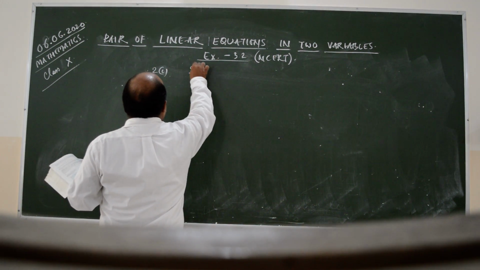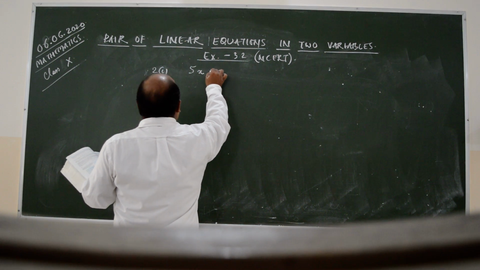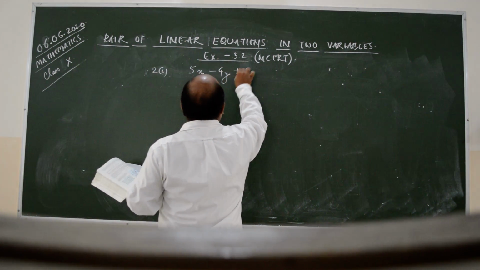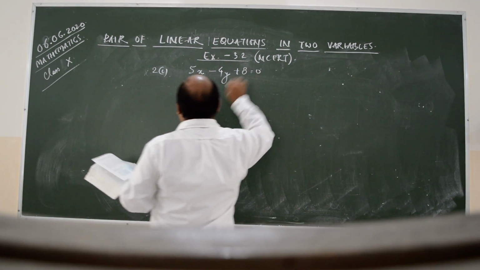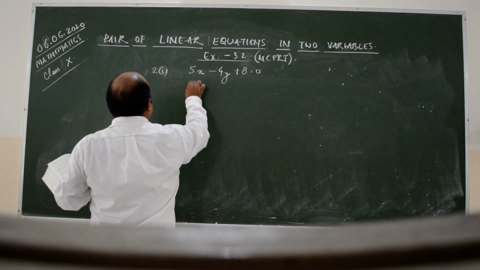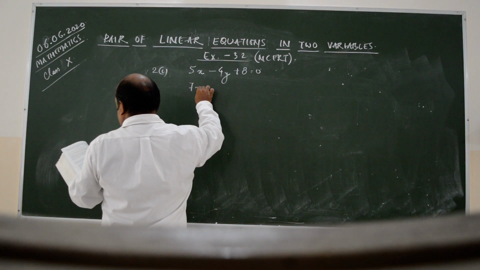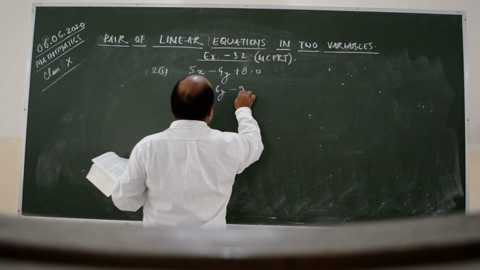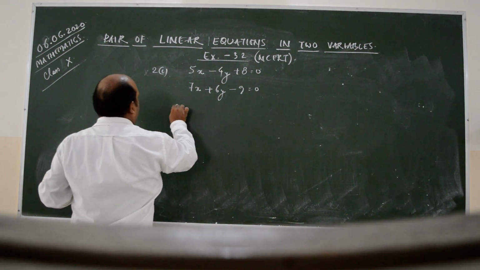Here the equations are 5x minus 4y plus 8 is equal to 0 and 7x plus 6y minus 9 equal to 0.